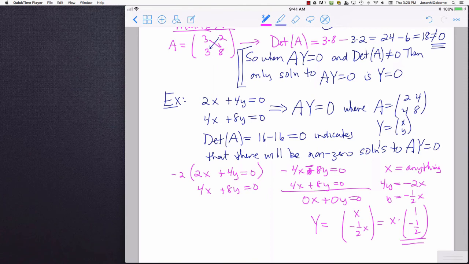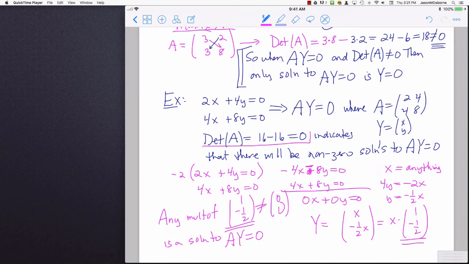So what we have here is that any multiple of the 1, -1/2 vector is a solution to AY equal to 0. The fact that this was not the 0 solution was an indicator of the determinant coming out to be 0.